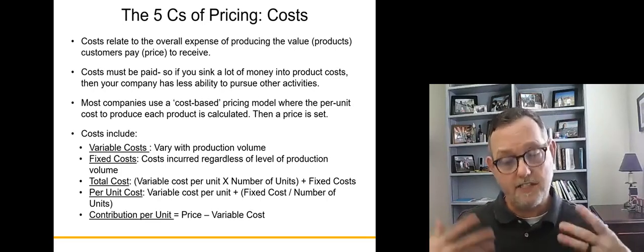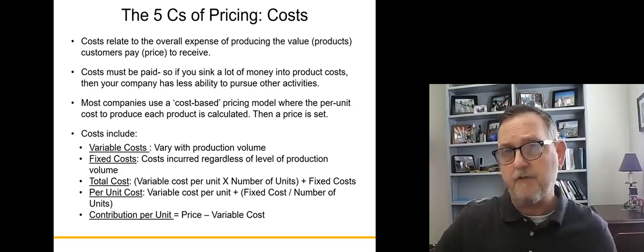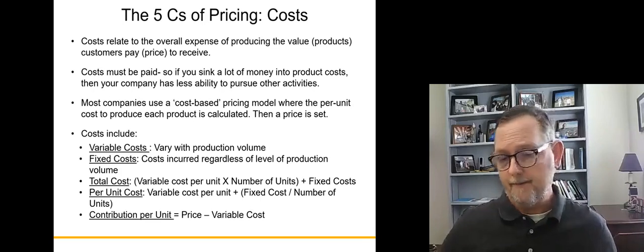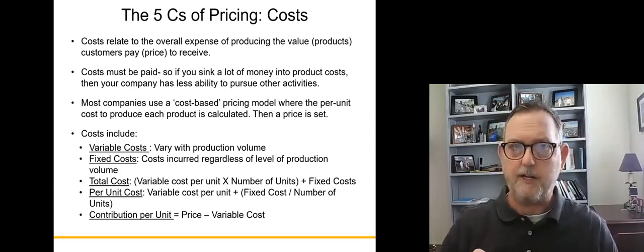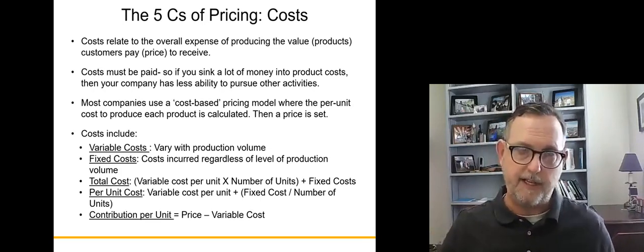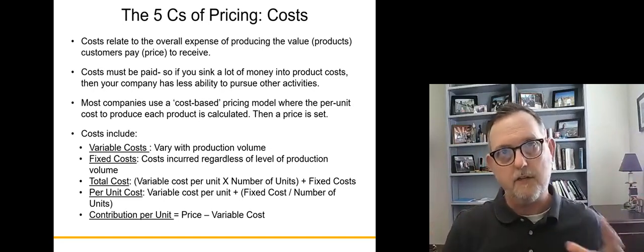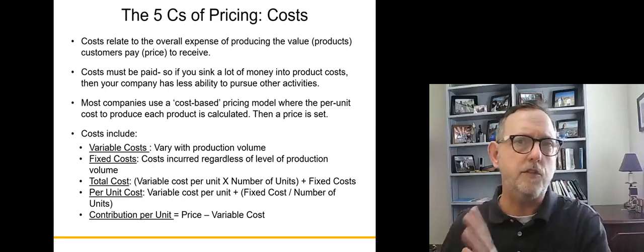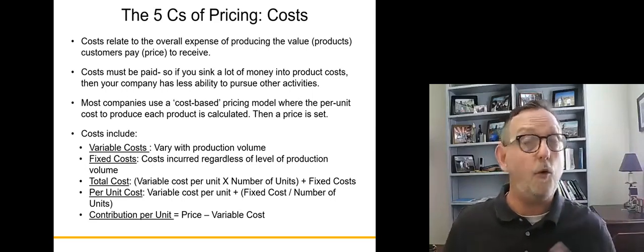Okay, so let me say that again. So if I sell a product, I account for the variable cost, and then the money I have left over after paying for variable costs, I have that money left over to pay for all the other expenses that I've incurred.